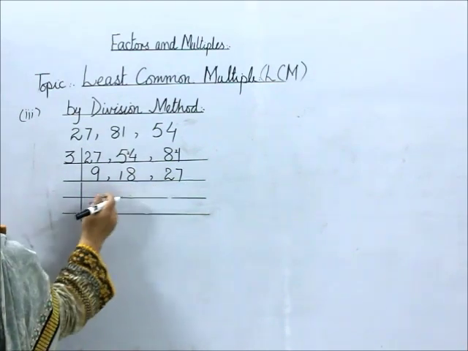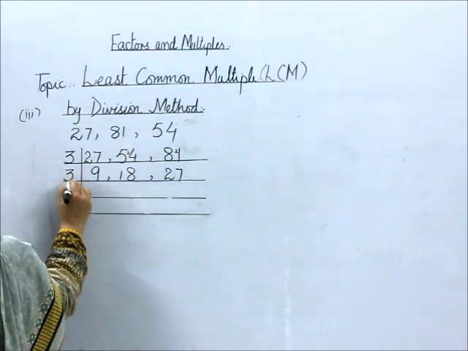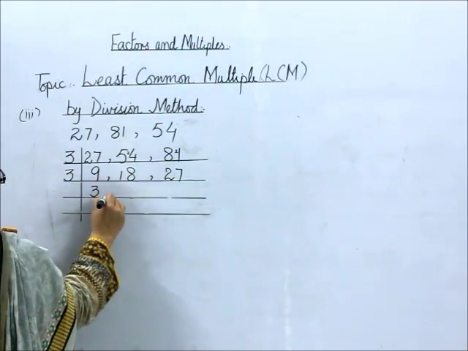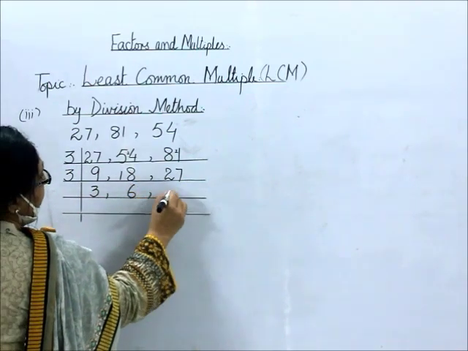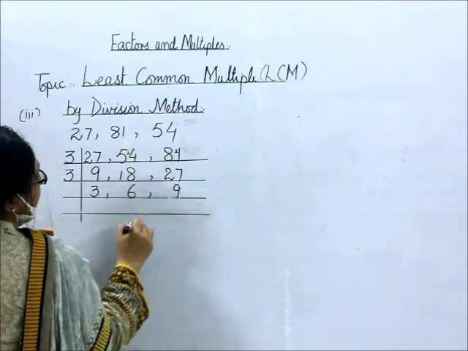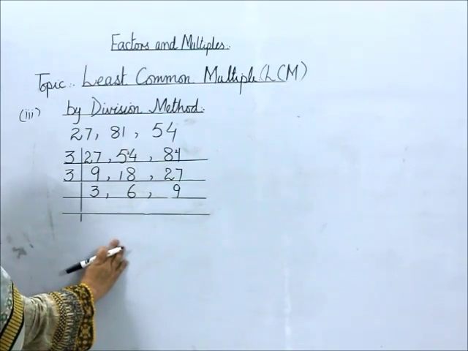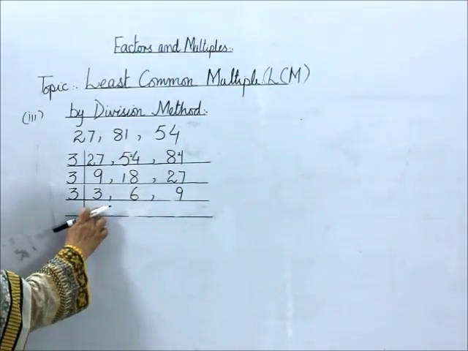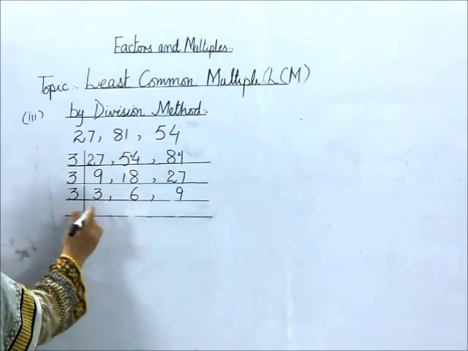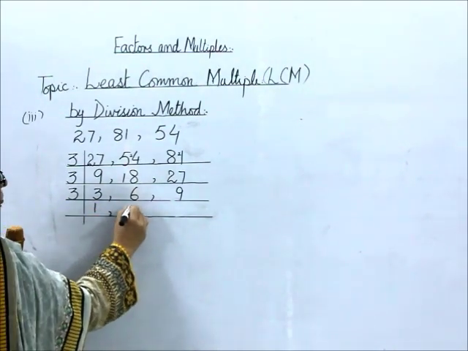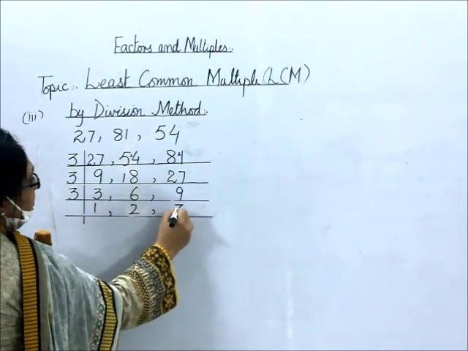Now all these numbers are again divisible by 3. 3 3s are 9, 3 6s are 18 and 3 9s are 27. Here you have to take care that your columns are straight. Now 3, 6 and 9 are divisible by 3. So 3 1s are 3, 3 2s are 6 and 3 3s are 9.